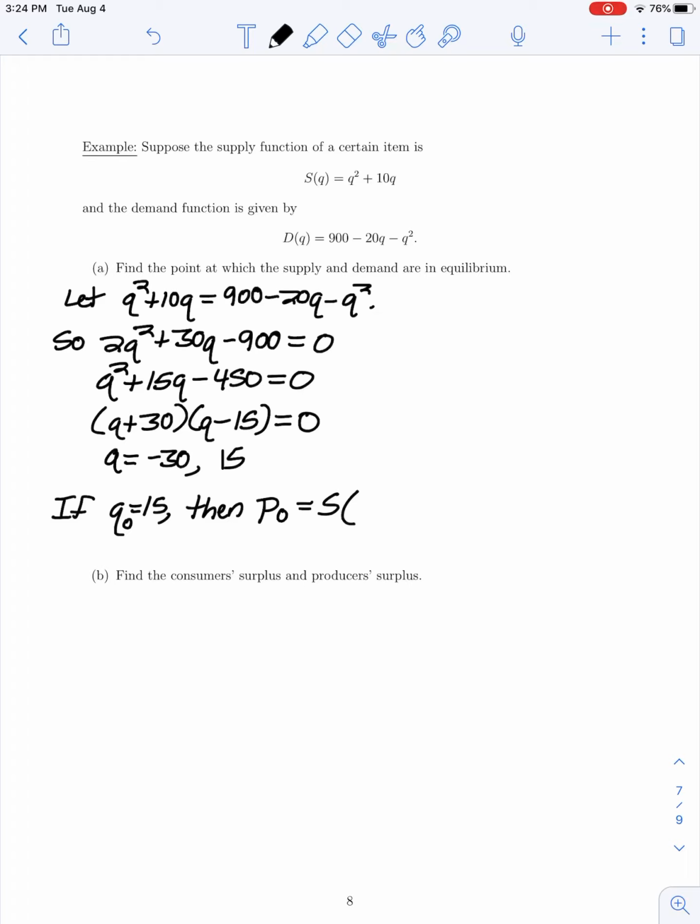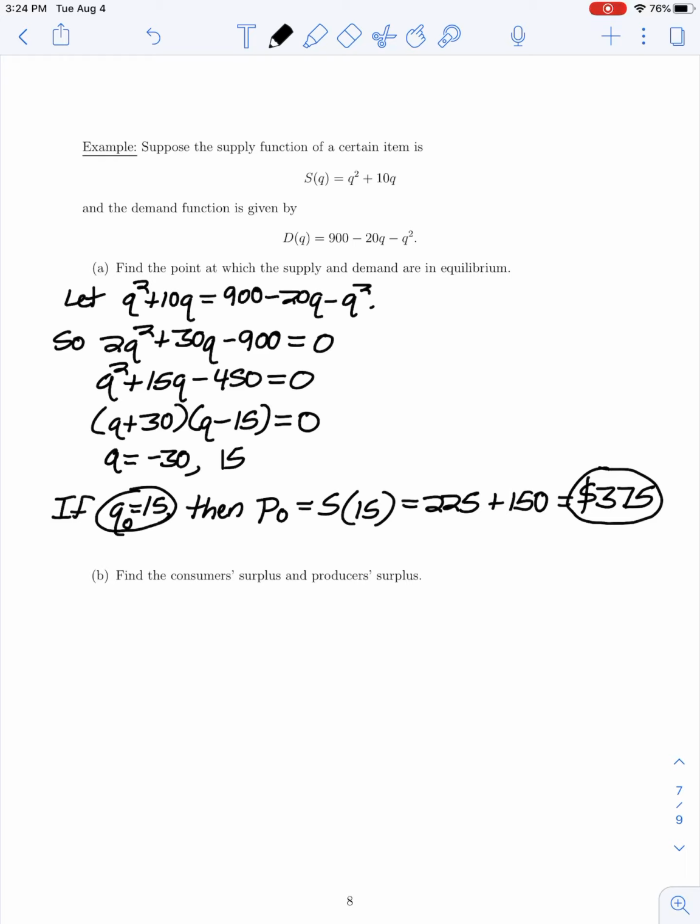I'm going to take the supply function S, and I would evaluate at 15. So here I have 15 squared, which would be 225, plus 10 times 15 is 150. So that would give me 375. If we're measuring in dollars, it'd be $375, and the quantity demanded would be 15 units.